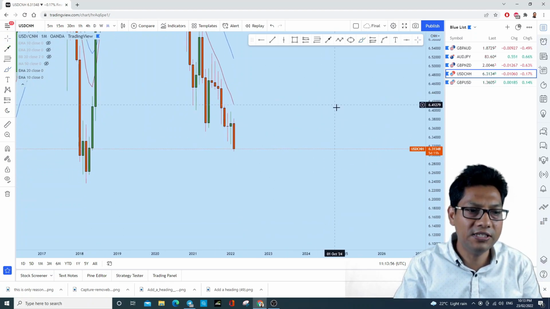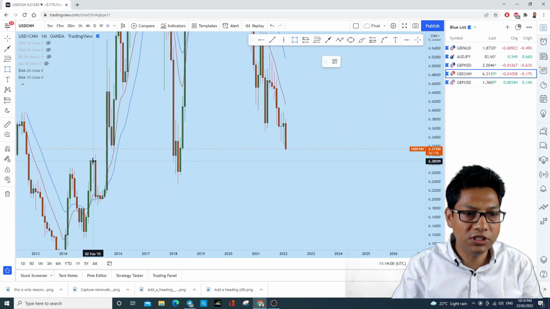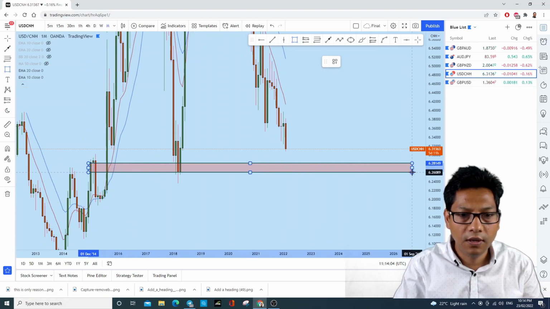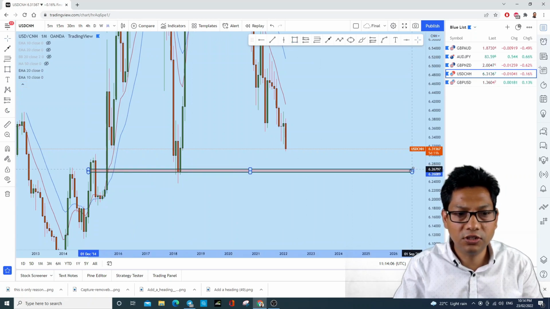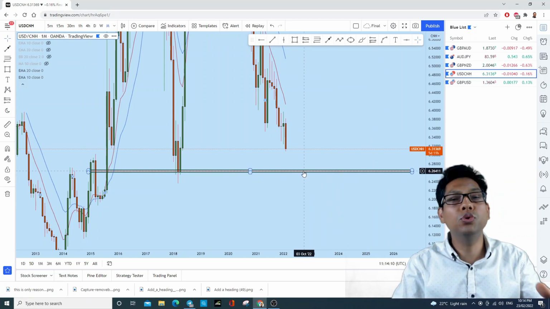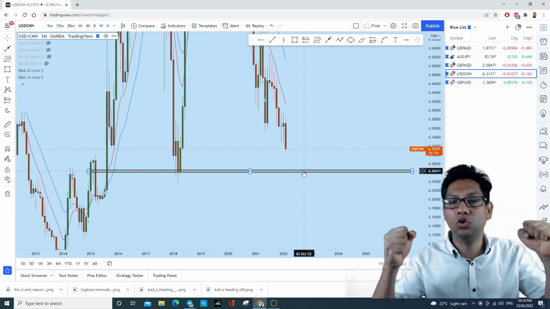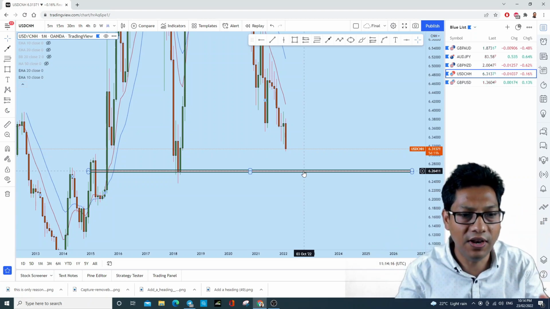Now where is it likely to be heading? Let me draw the level of support. This is a very strong level of support here. At least to this level, which is, let's say, 6.2641, is the level of support, and USD CNH is likely to drop at least to this level.